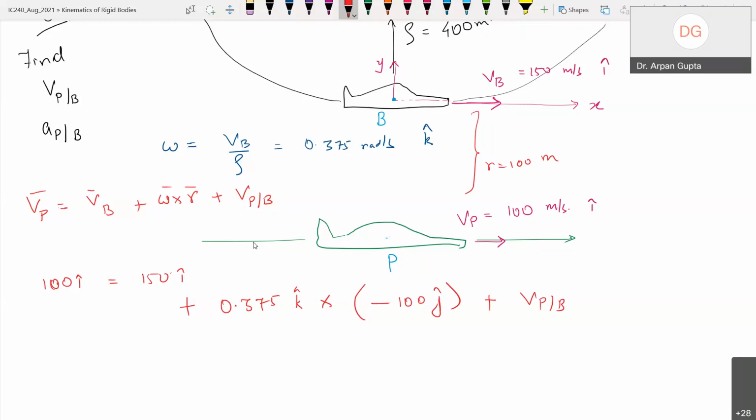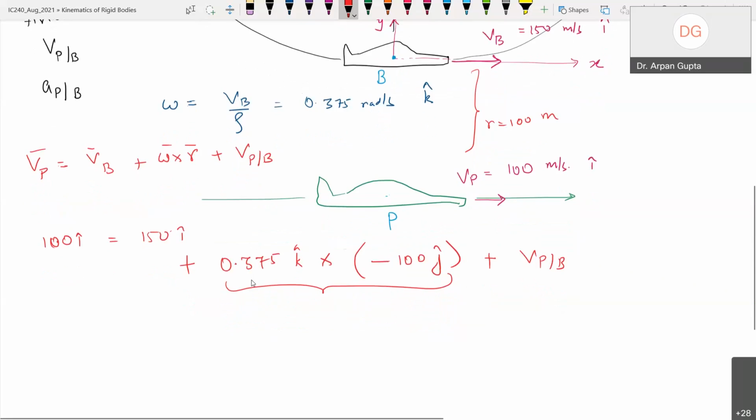Now, this is what we wanted to find out. And now you can see that because of the rotating frame, this extra term comes here, omega cross r. You remember the Q was replaced by R for velocity analysis, and this extra term omega cross r actually makes the difference in the minus 50 i cap what we were ordinarily getting.